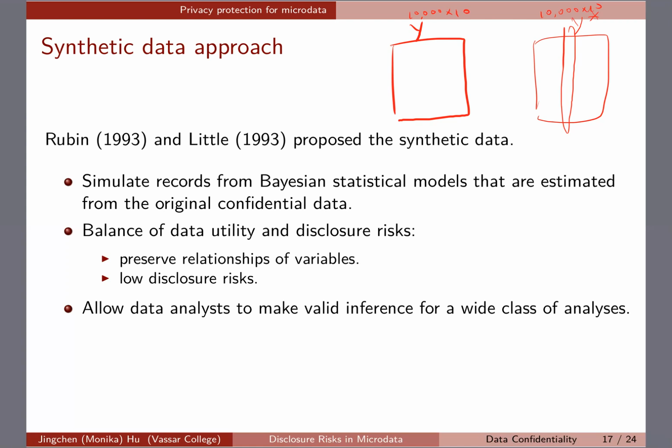But of course, we need to make sure that all of the inferences people do on the synthetic data will still be valid. There are certain rules that we have to follow, which I will cover.